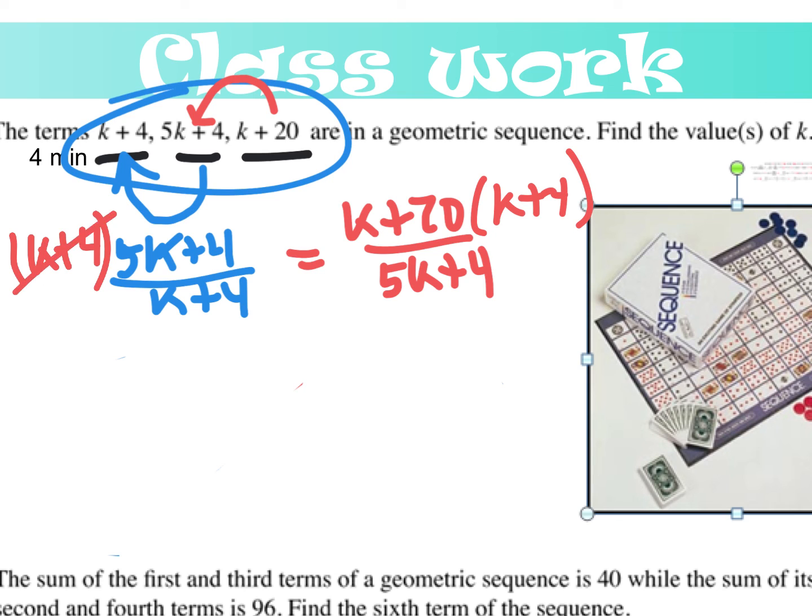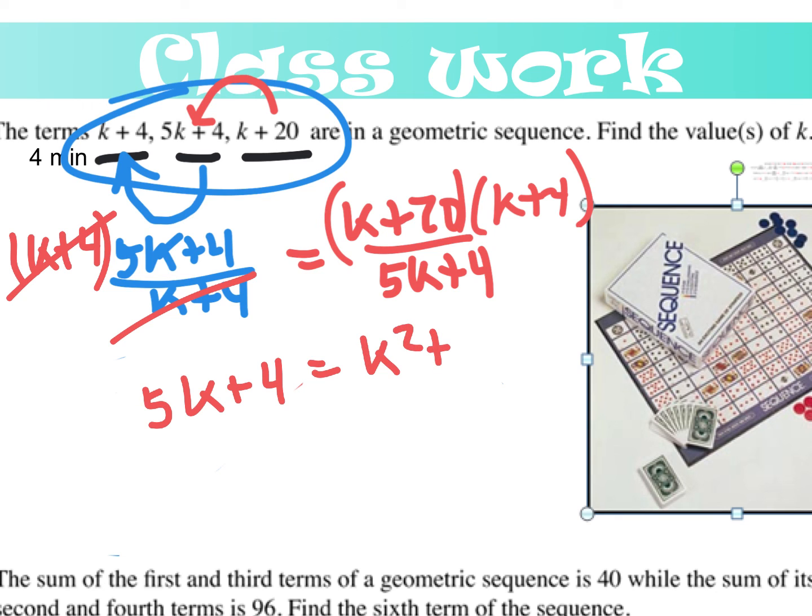So why'd we do that? So that would cancel that. 5K plus 4 equals, the other side it doesn't all cancel, so I got to multiply this out. K squared plus 20K plus another 4K is 24K. And then 20 times 4 is 80, all over 5K plus 4.